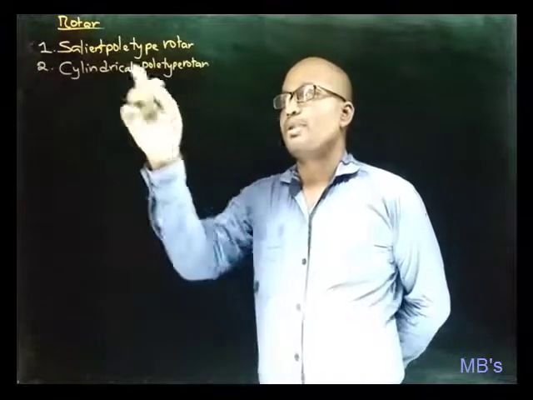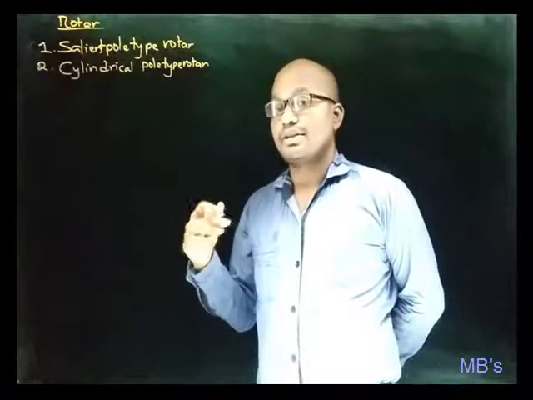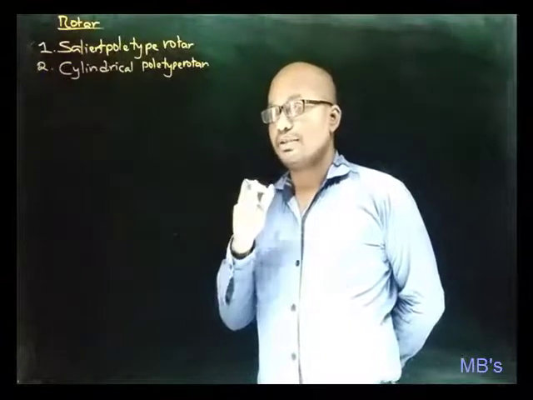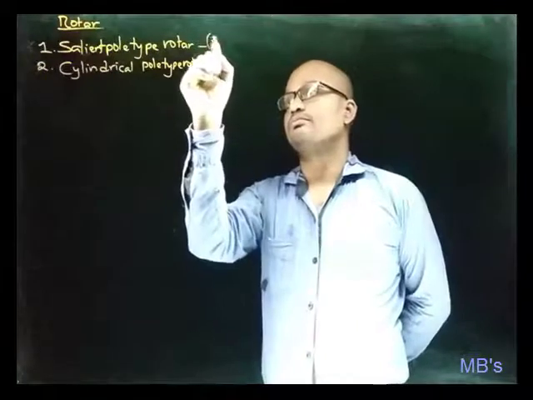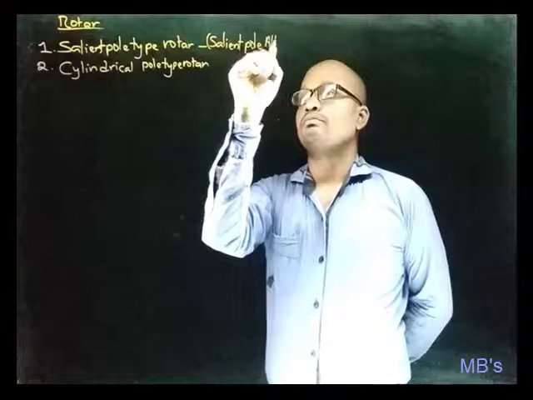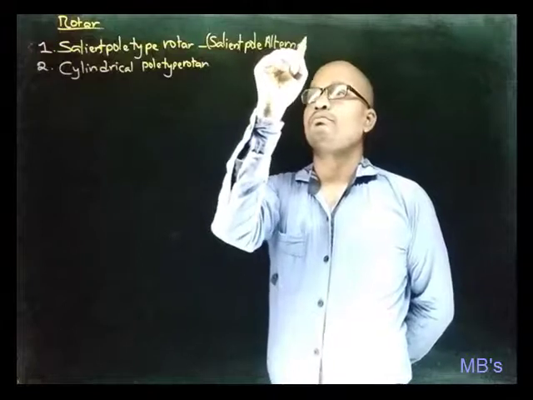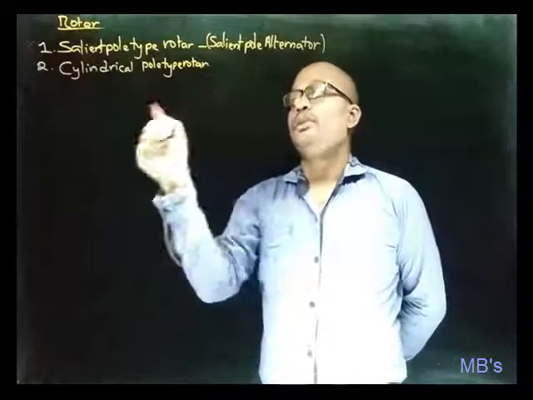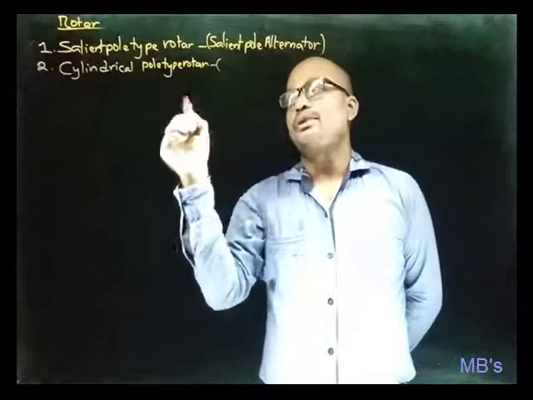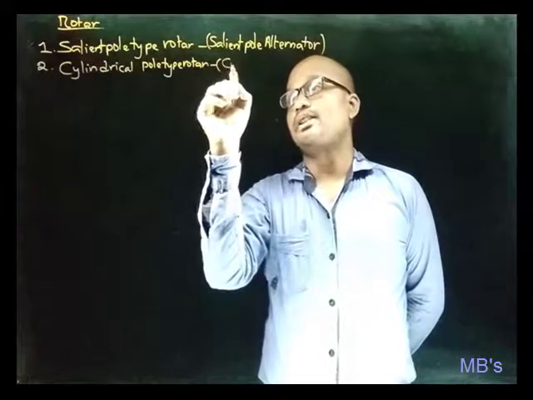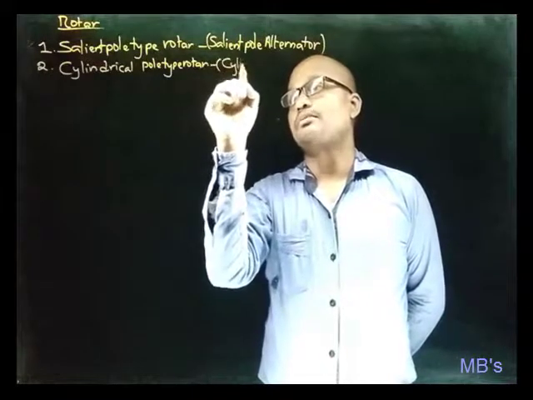Alternator which employs salient pole type rotor is called as salient pole alternator. Whereas the alternator employing cylindrical pole type of rotor is called cylindrical pole alternator.